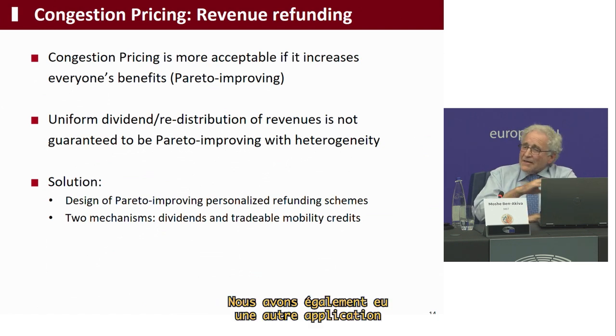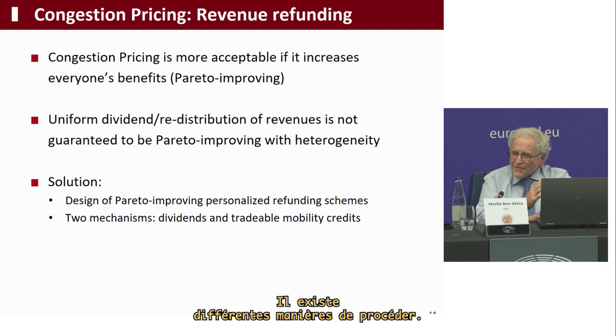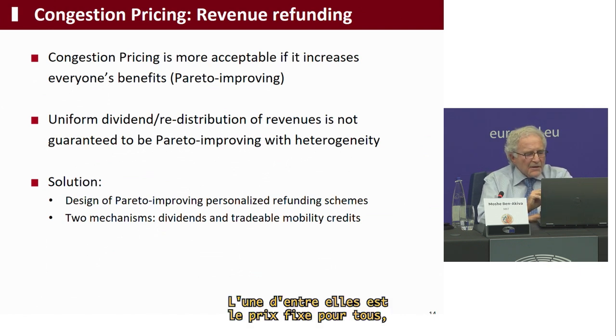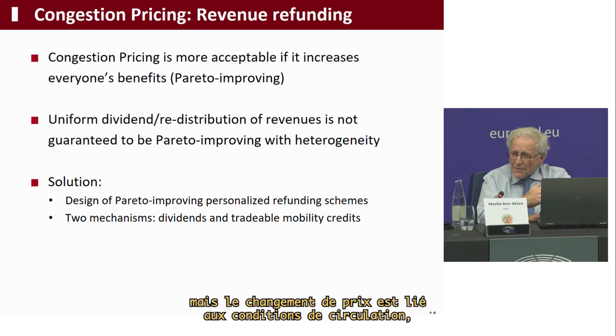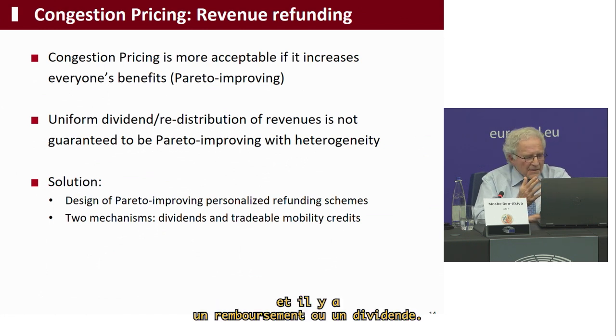We also had another application where we talked about discounts. There are different ways of doing it. Actually, there are two solutions described in this simulation. One is a fixed price for everyone, or the price changes in response to traffic conditions, but there is a refund or dividend.